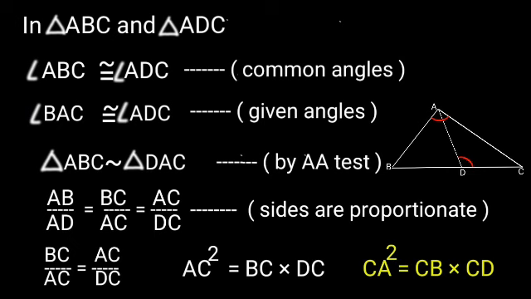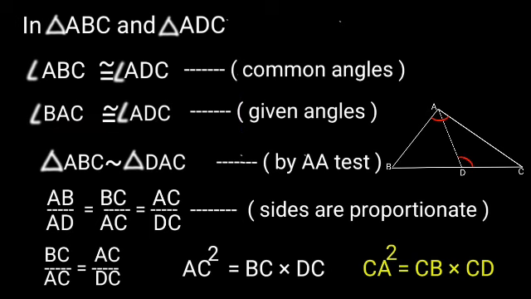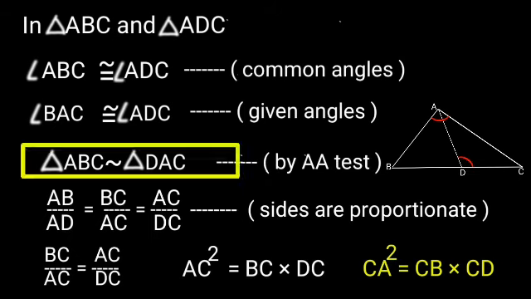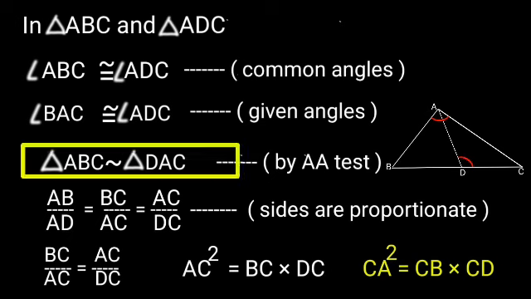The reason is given. We have given that. Hence triangle ABC is similar to triangle DAC by the AA test.